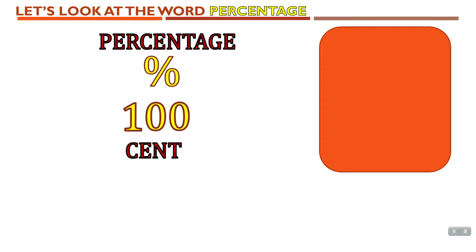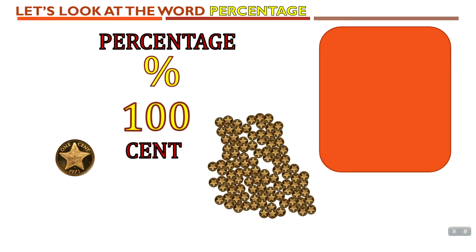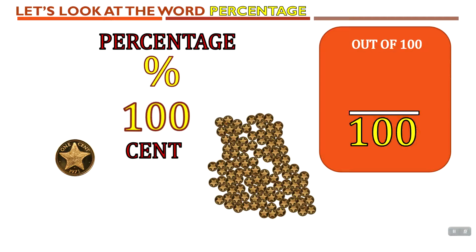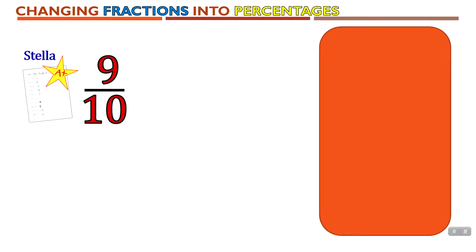And we know that 1 cent, which looks like this, when you combine 100 of them, 100 cents makes $1. And this is how you can easily remember the word percentage. Percentage means out of 100. We are going to make equivalent fractions out of 100 to find the percentage. In order to change fractions into percentages, we have to do the following.